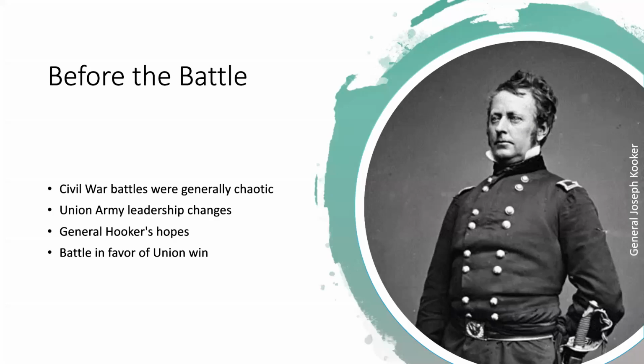Before the battle even began, there was a couple of things that were going on throughout their time. The Civil War battles beforehand were generally chaotic and very confusing. This was due to the inability to quickly speak to others.